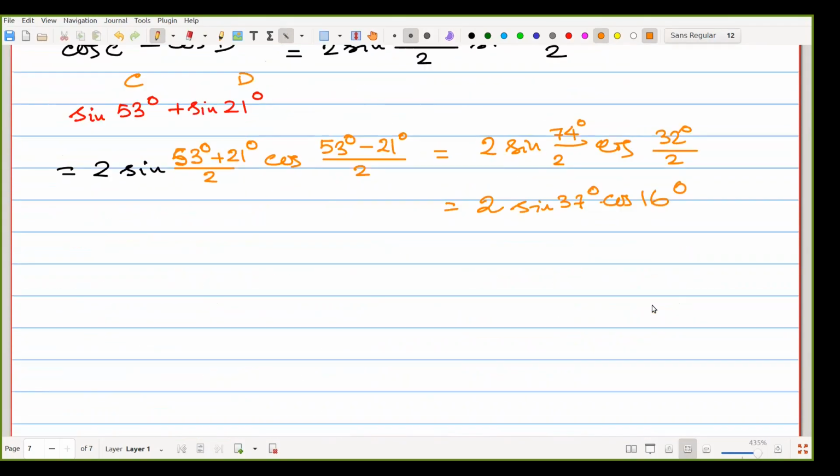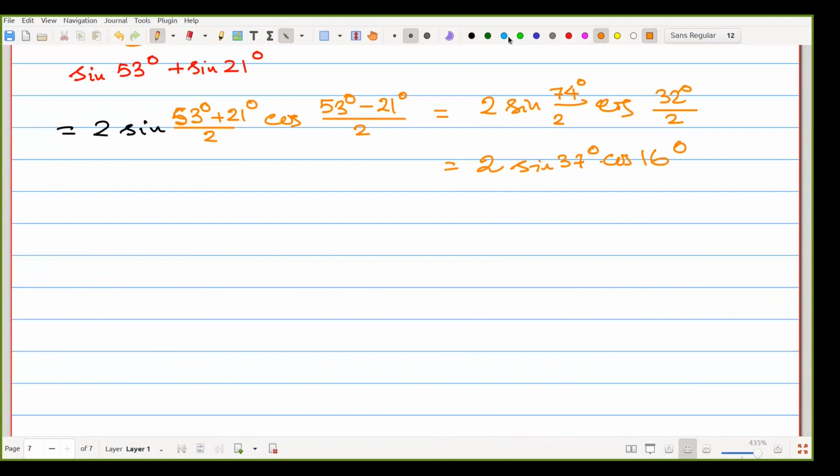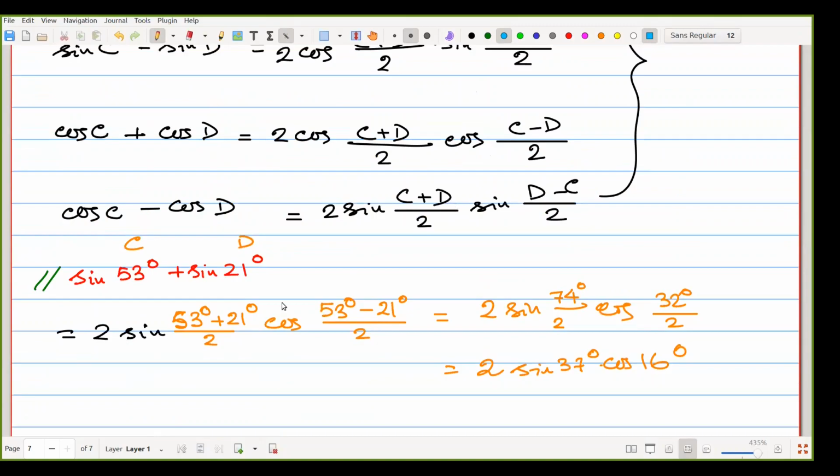Just the final one. Suppose we have to find out another problem, cos of 83 degree minus cos of 17 degree. So that one is our C and that 17 degree is our D. So what is the meaning of cos C minus cos D?